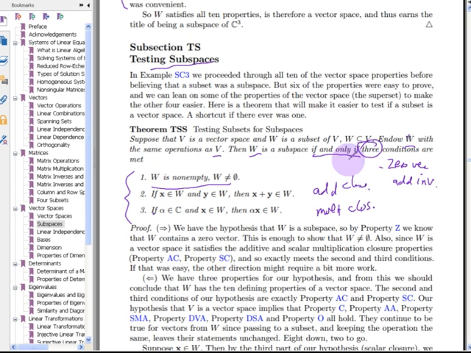And the answer is yes, because if x is in W, then 0x is in W, and 0x is equal to the 0 vector. So if I have multiplicative closure, then I can tell that the 0 vector is also in this set in which multiplicative closure holds.